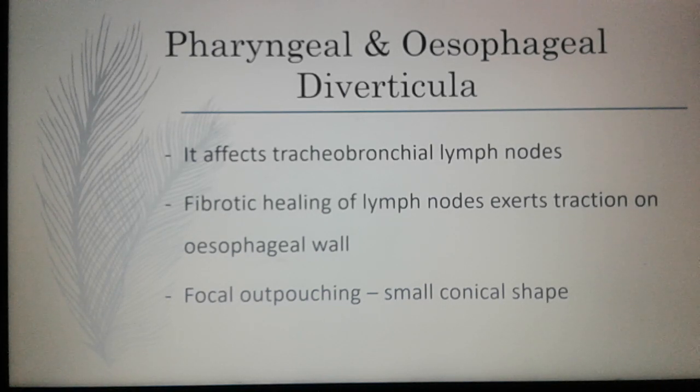These diseases usually affect tracheobronchial lymph nodes. There is fibrotic healing of lymph nodes, and these fibrotic bands exert traction on the esophageal wall, leading to formation of a focal outpouching in a small conical shaped manner, leading to formation of traction diverticulum.